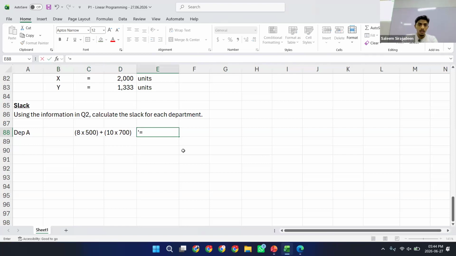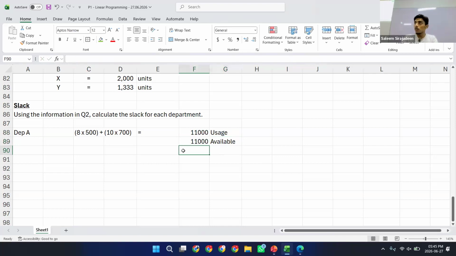So usage is 8 into 500 plus 10 into 700. 11,000 is your usage, correct? How many hours are available? 11,000.